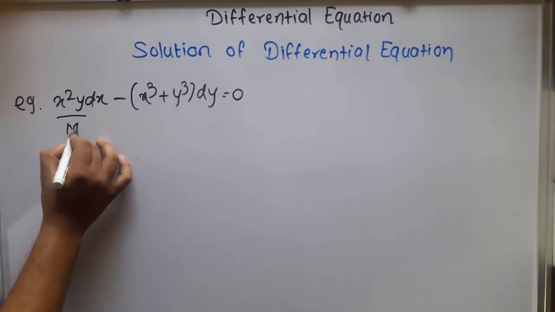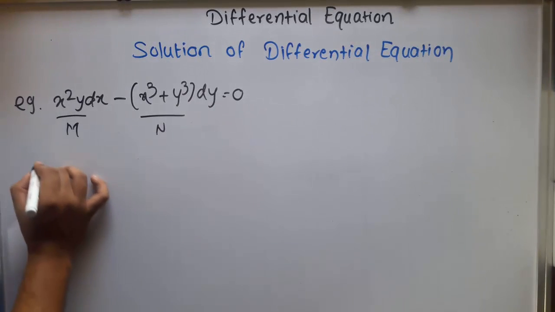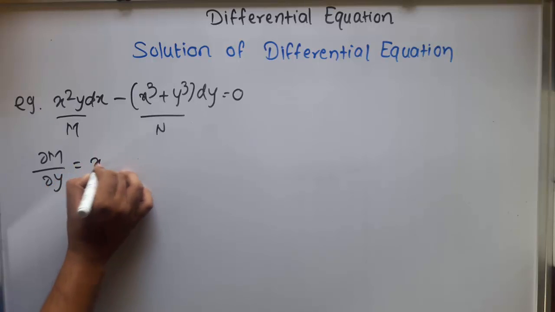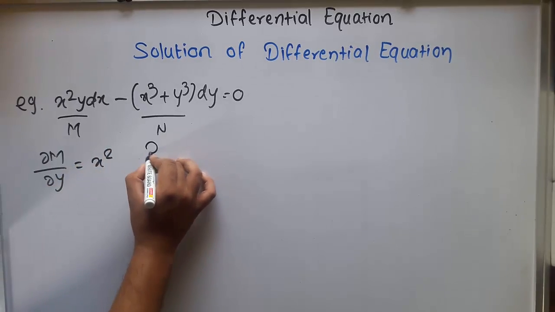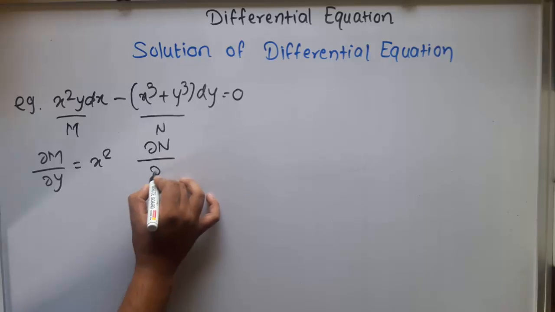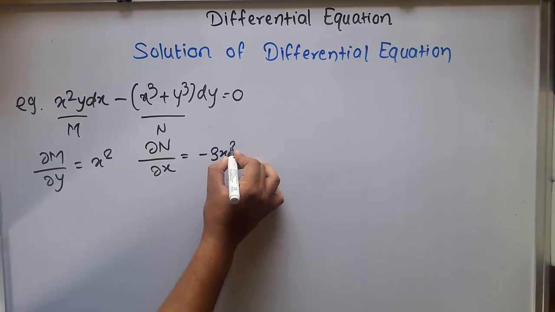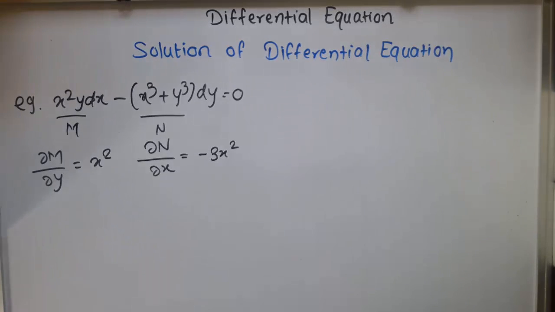This is our M, this is our N. If I find del M by del y, that will be x square, and del N by del x will be minus 3x square. That means this is not an exact differential equation.